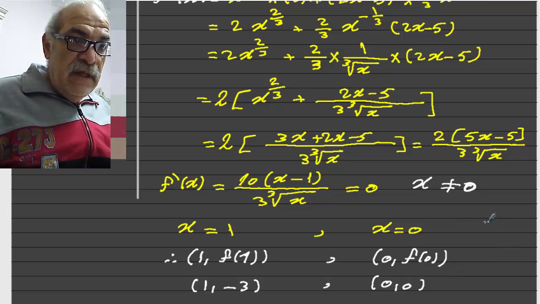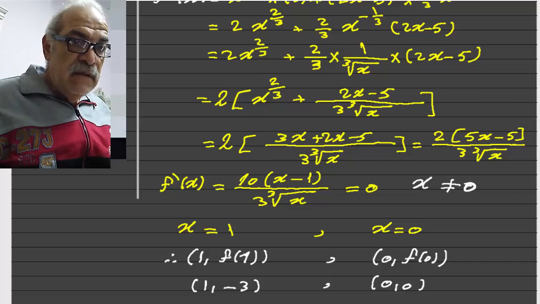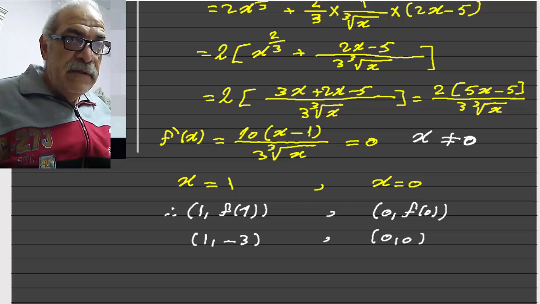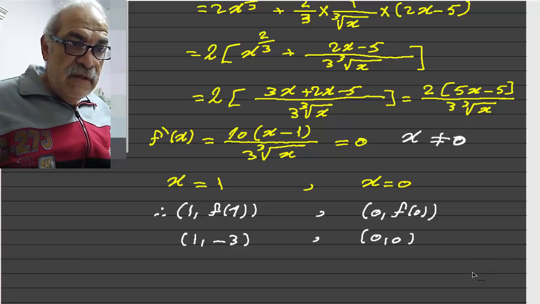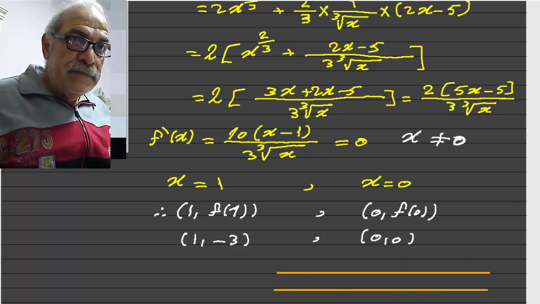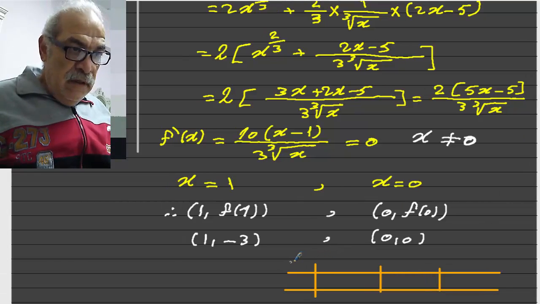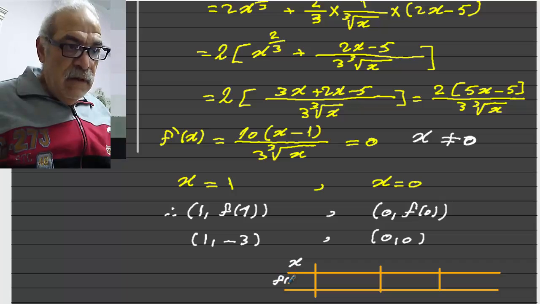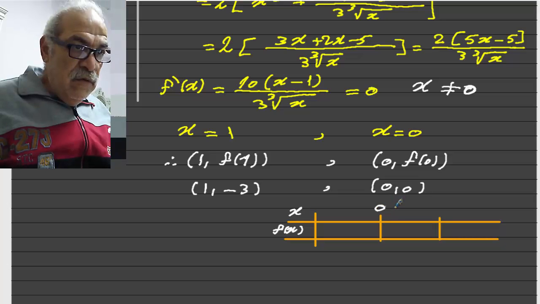And we put it in a table to check when the function is increasing and when the function is decreasing. Like this, we draw a table here for f of x and f dash of x. For the 2 points we have x, f of x, and 0 and 1.